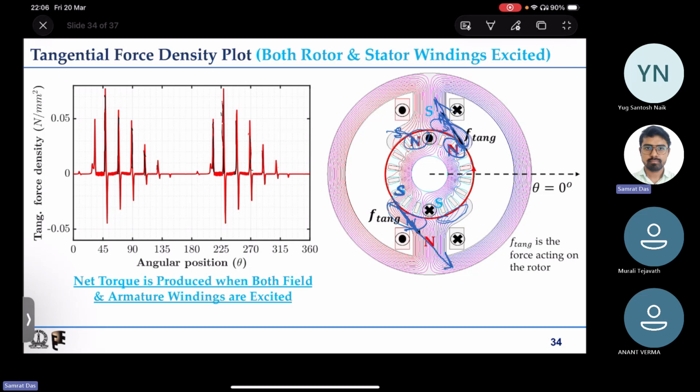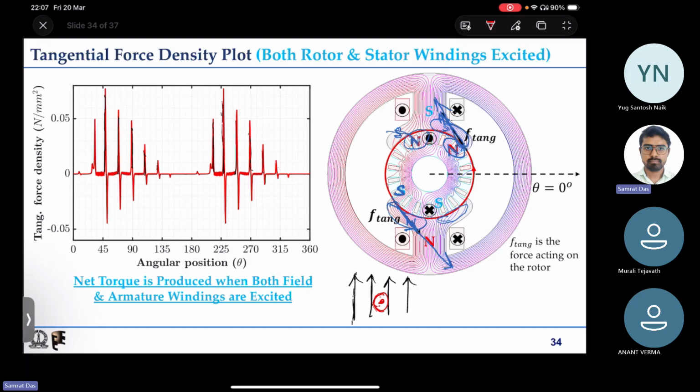Generally it's very easy to explain it this way: you have some field, so you have some field lines, and if you have some current carrying conductors, say dot, there is a force due to its presence in this magnetic field.